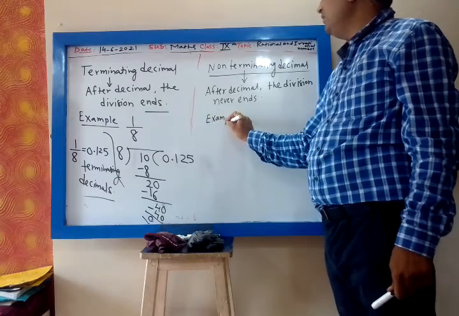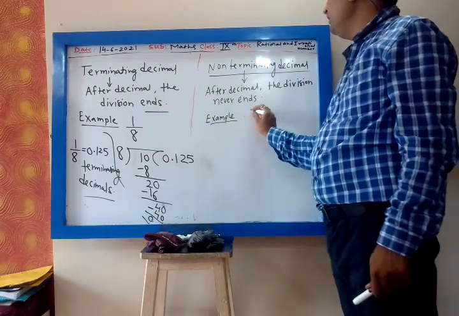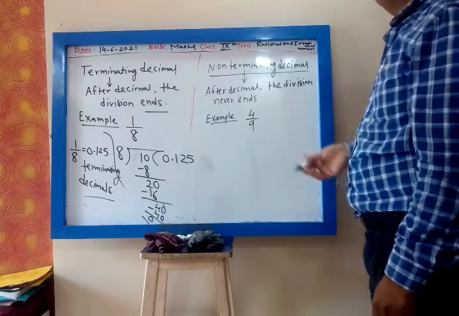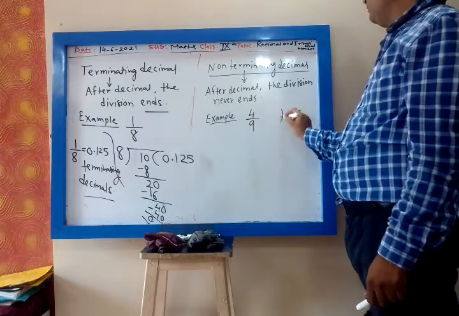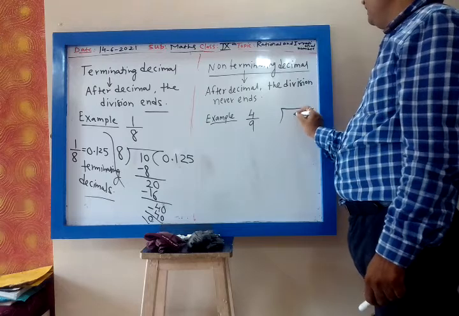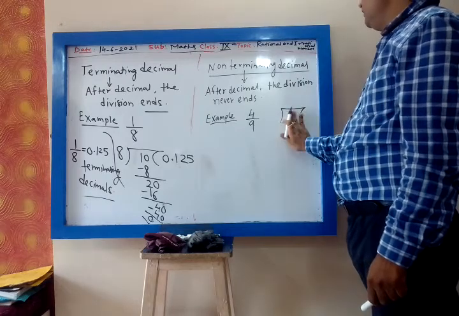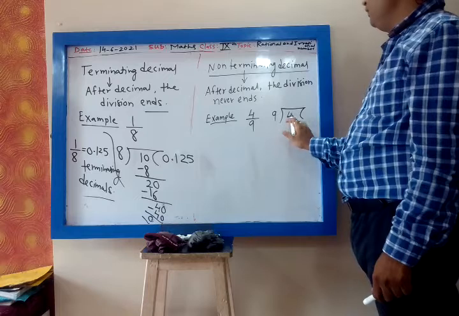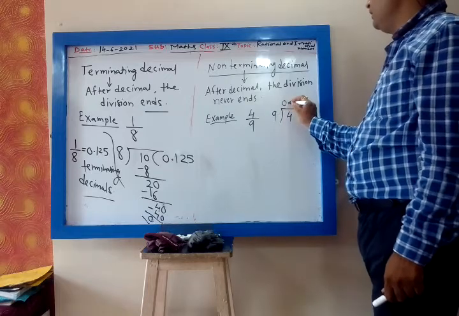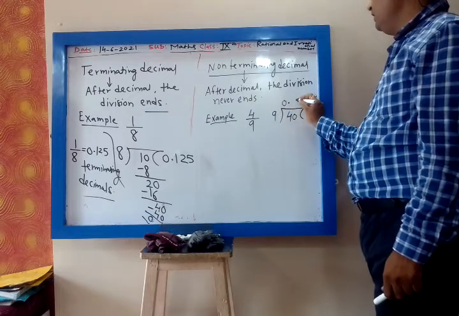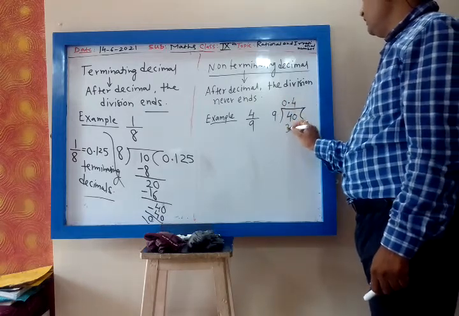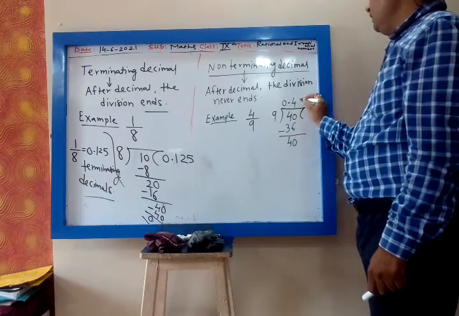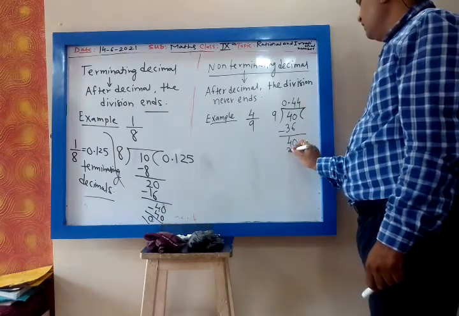Let us take the example of one number, 4 by 9. So divide 4 by 9. So this is 4, this is 9. Now 4 is smaller, so this is 0 point. This is 40, 9 4s are 36. 40 minus 36, again it is 40. 9 4s are 36.